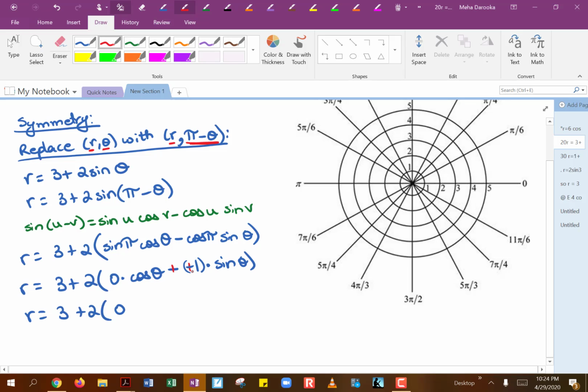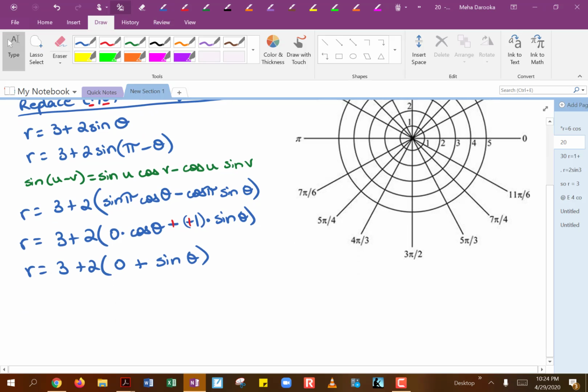Negative and negative will become positive, so you'll end up with positive sine of theta. Cleaning it all up, we get 0 plus sine of theta, which is sine of theta, and you will see that we go back to the original equation.